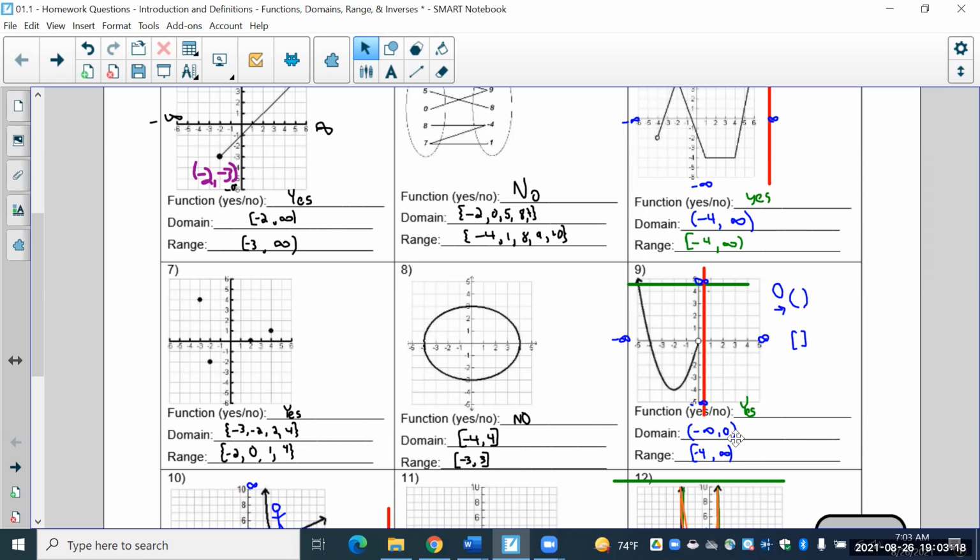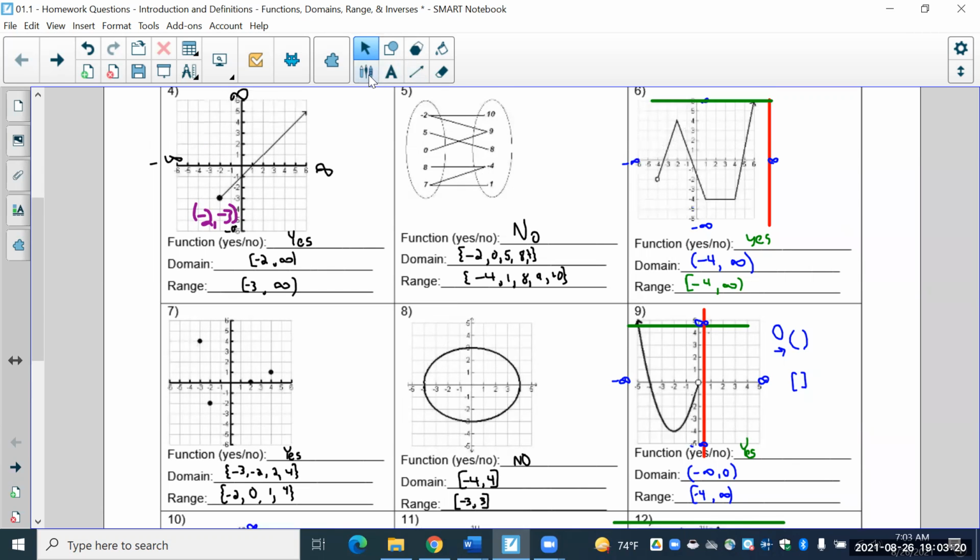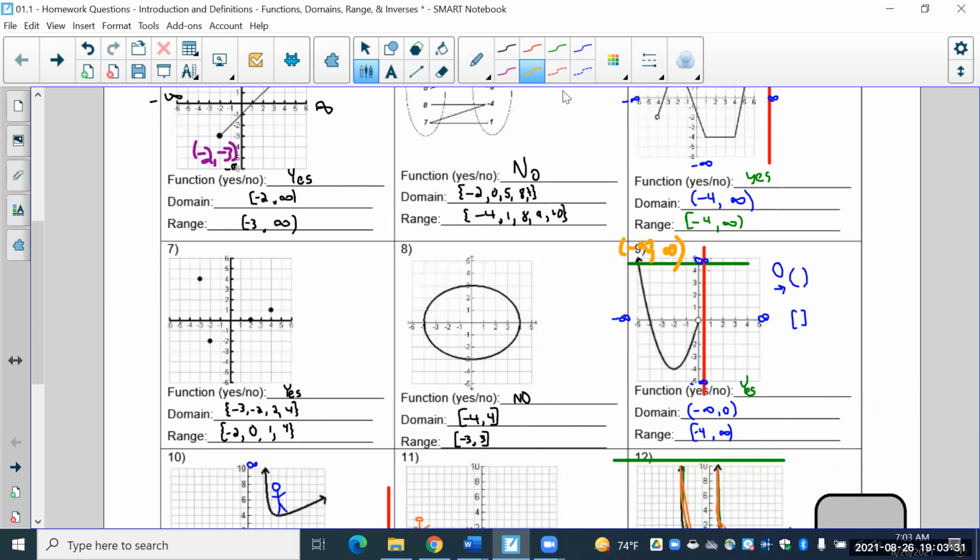So -infinity to 0. It also helps, as I've mentioned before, to go ahead and label this arrow. This arrow in the X direction is going to -infinity, and in the Y direction is going to infinity. Okay, and the range, of course, is very similar. The range would be to start here at the bottom and go to infinity. So -4, make sure you have a solid bracket.